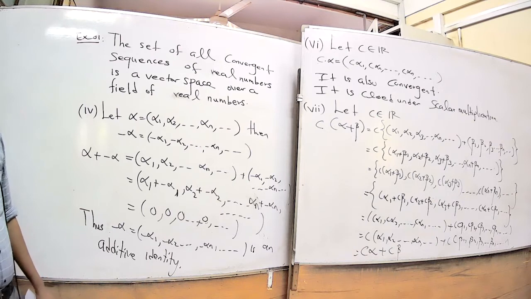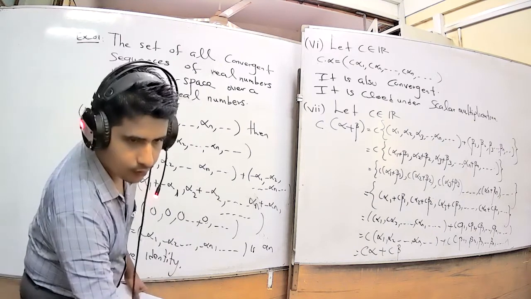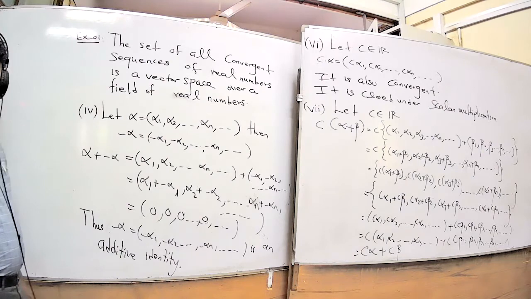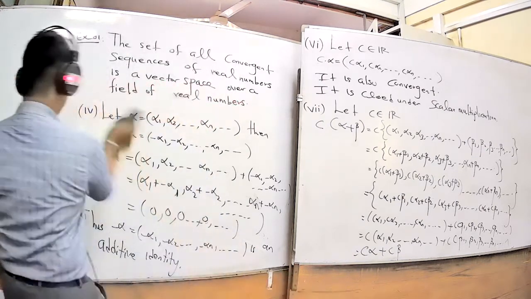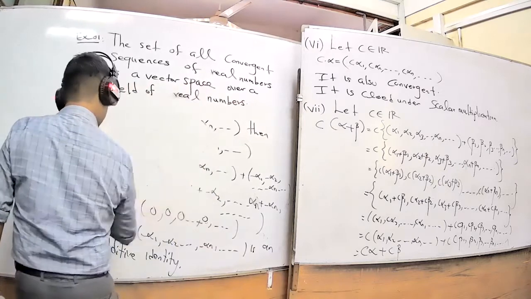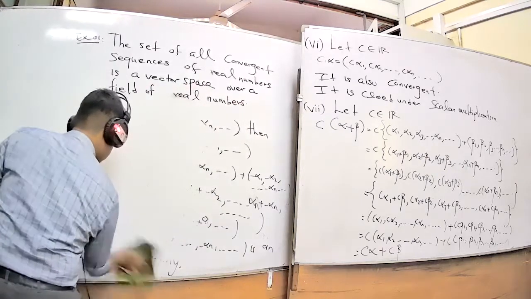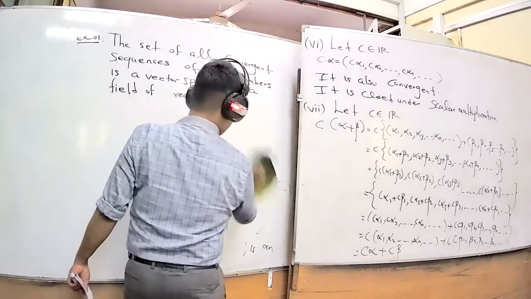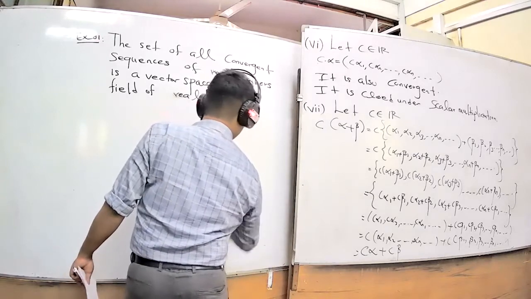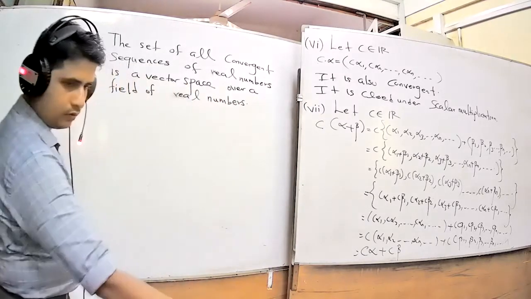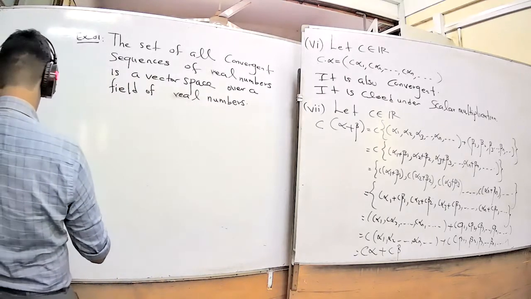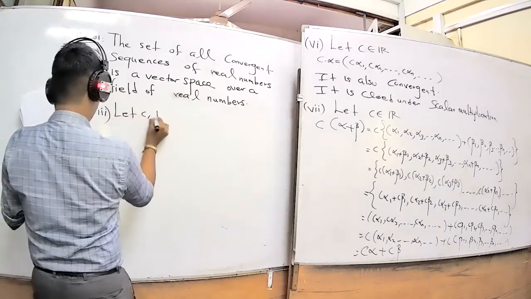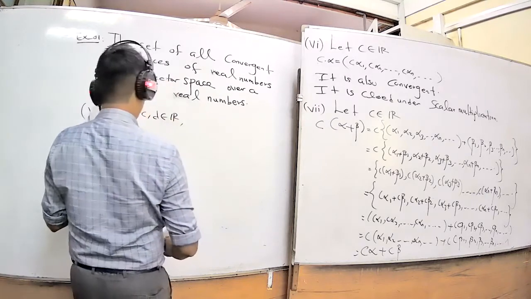Next, we will check axiom number 8. Take two scalars, let c, d belong to the real numbers, and one vector alpha.